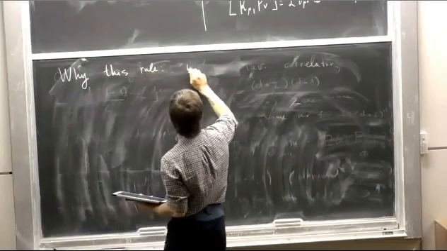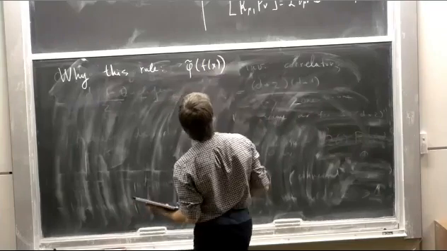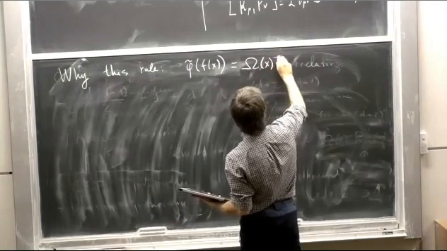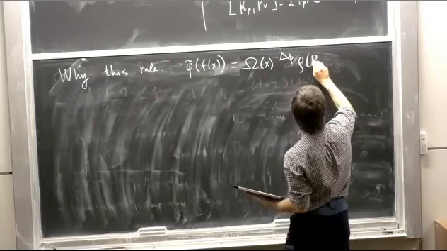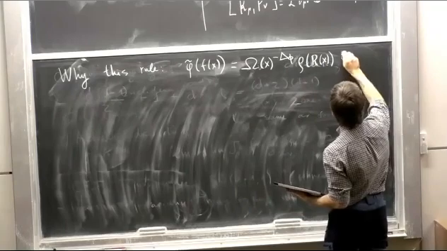Let me write it again. So phi tilde of f of x is equal to omega of x to the power minus delta, rho of r of x, phi of x.